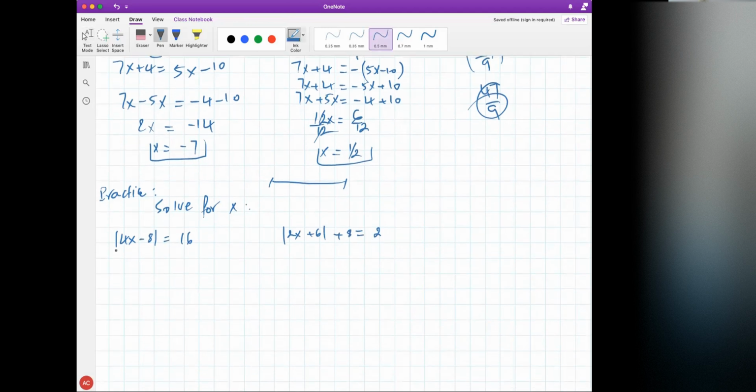Okay, and maybe another one. Yep, this is practice. So everybody, we'll give it a try right now. I'll give you a few minutes to do it. So 3x plus or minus 12.